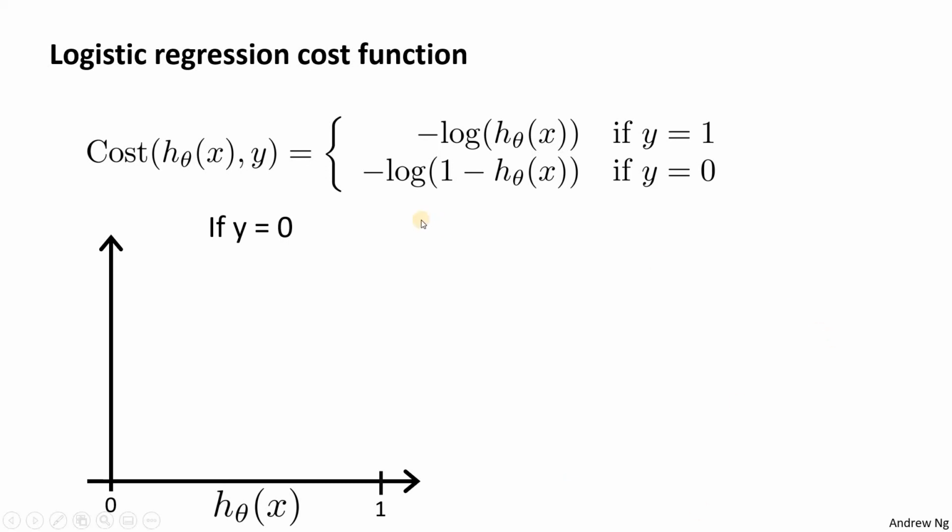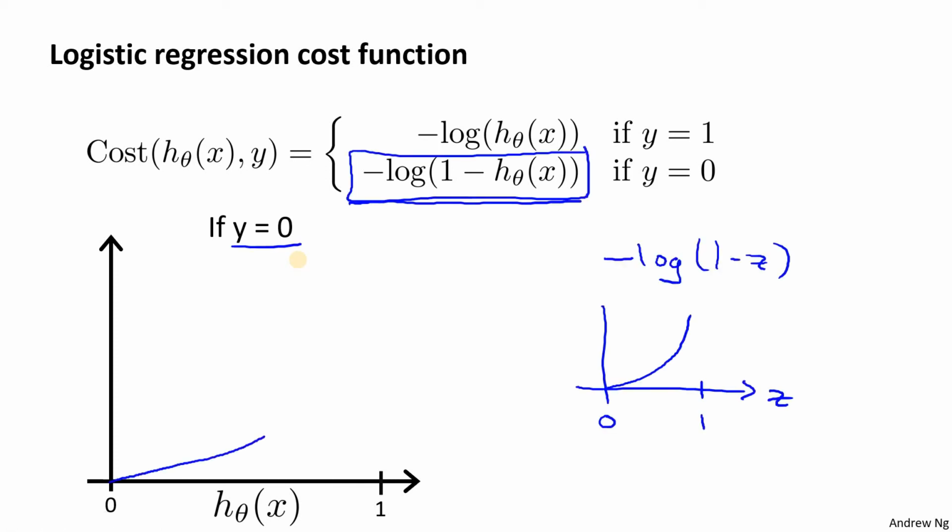Now come to the opposite case. We have discussed this also. When y equals 0, in that case y is 0 and you predict it close to 0. You say that h is 0.1, then you will have a very low error.